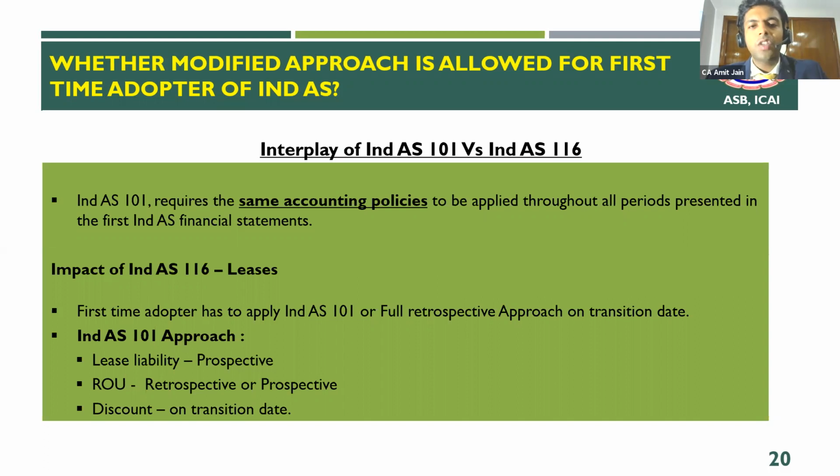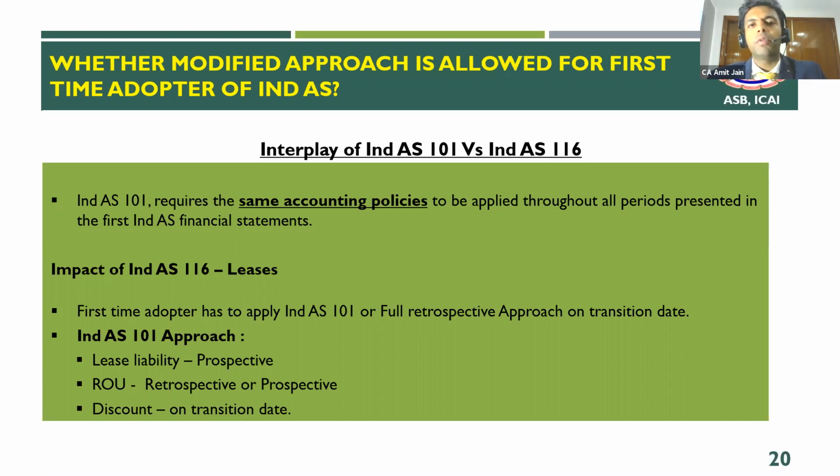Now we have IND-AS 101 versus IND-AS 116 principles. So for a first time adopter, the question is whether a first time adopter adopts a modified approach. Answer is no. The first time adopter cannot adopt the modified approach. The reason is, if a first time adopter adopts the modified approach, that approach is applicable only from 1st April 2019. Right?